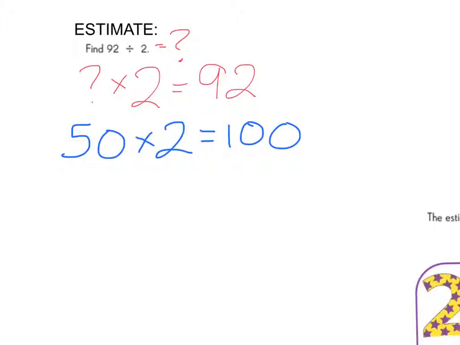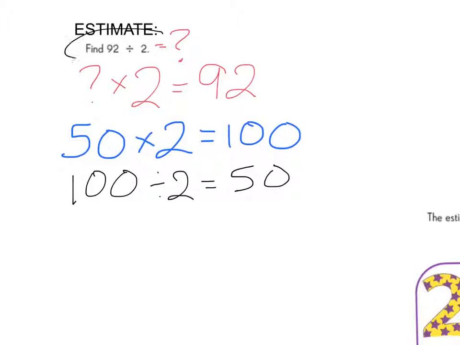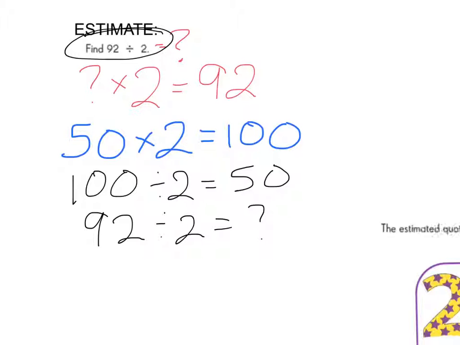When we flip that around, we get 100 divided by 2 equals 50. And when we compare that to here, 92 divided by 2 equals question mark, we can say that the estimated quotient is 50.